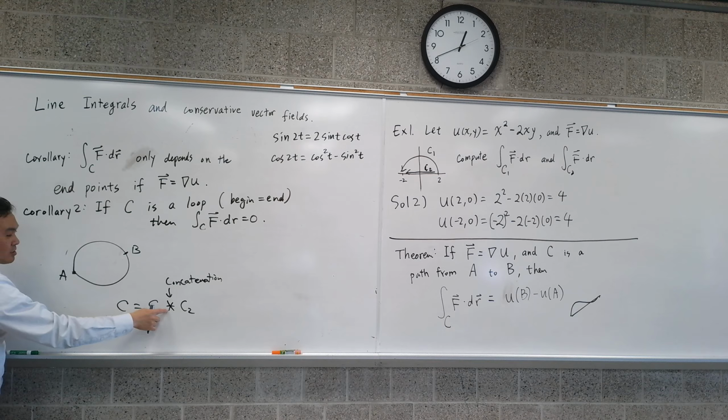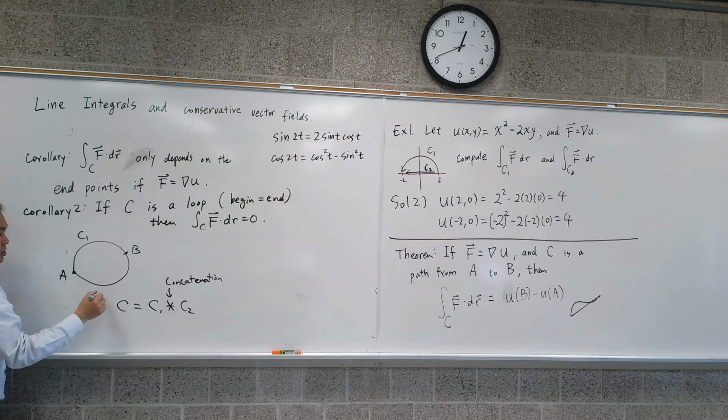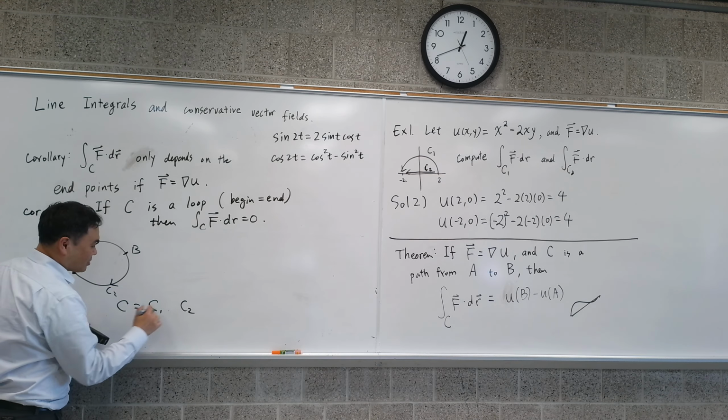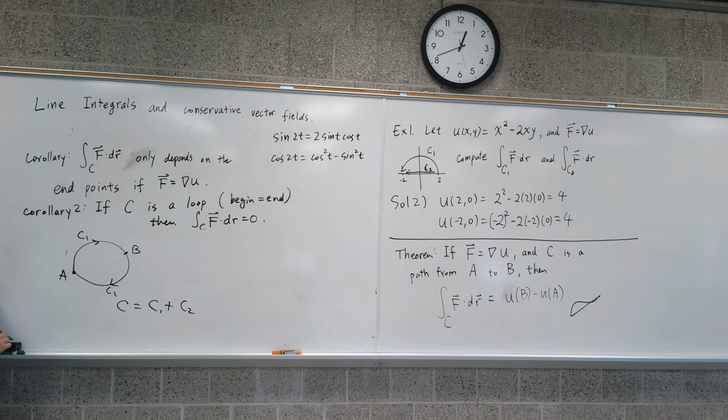So that's a way to say that C is made of first following C1 and coming back with C2. Let's say plus, okay? It's easier. So C1 and then you go to C2.